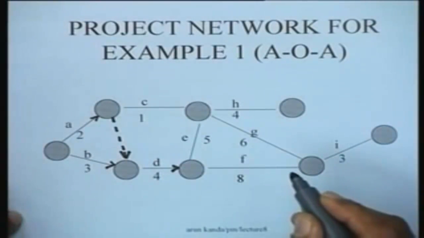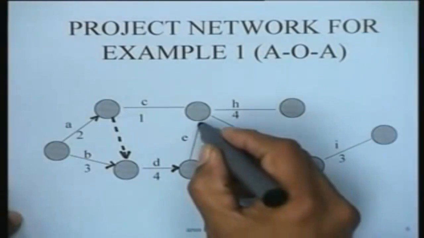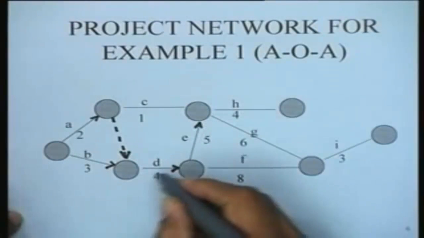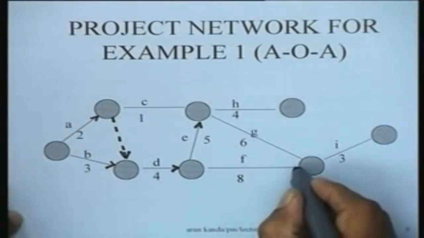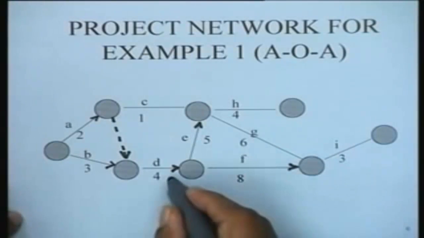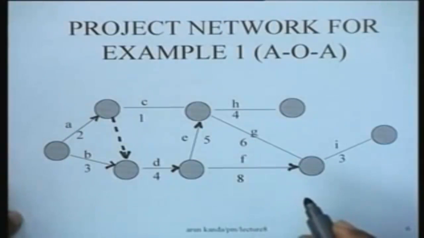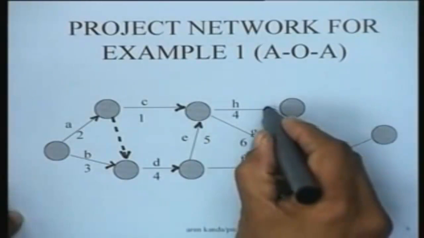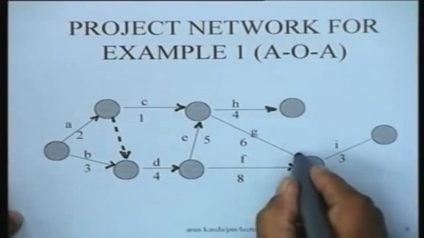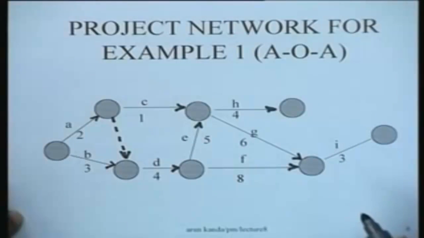Then we talk about activity E. Activity E has predecessor D as shown here. Activity F also has predecessor D, so activity F is shown here. Then activities G and H both have predecessors C and E, so C and E are the predecessors for both G and H as shown here.